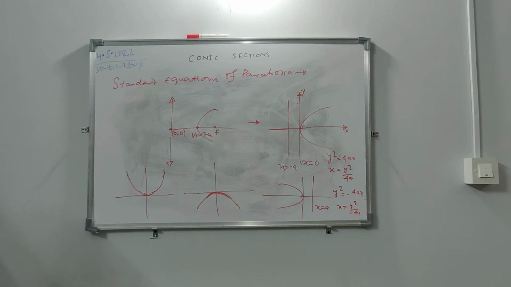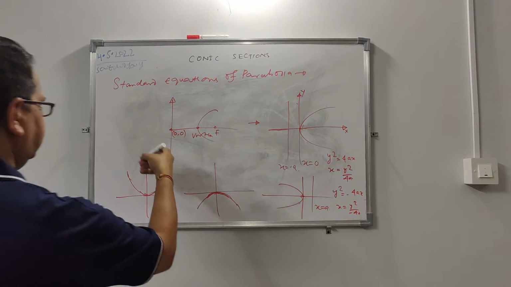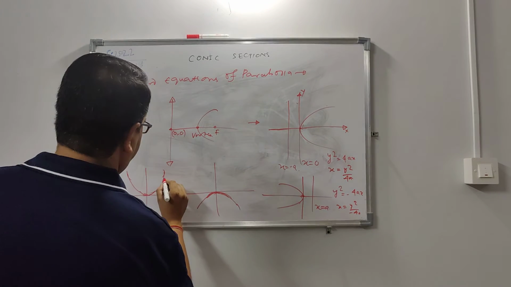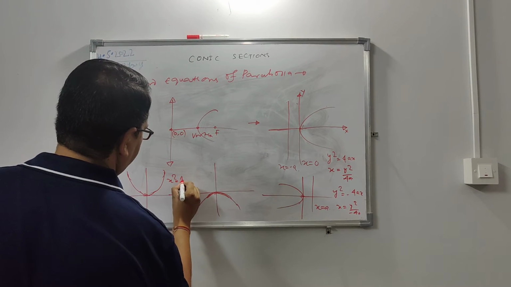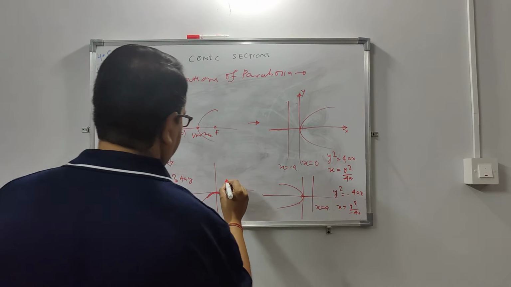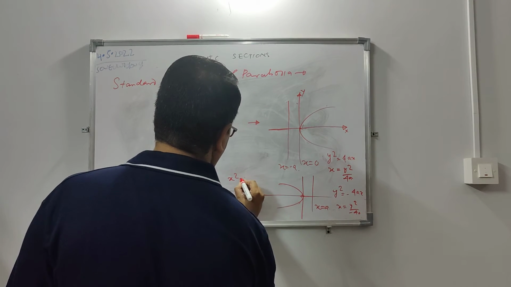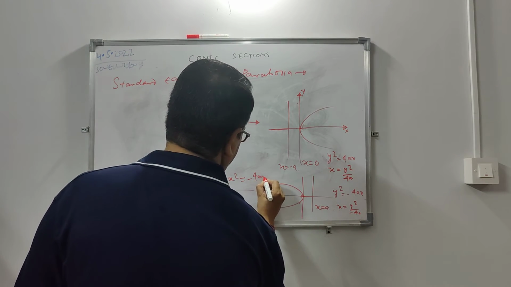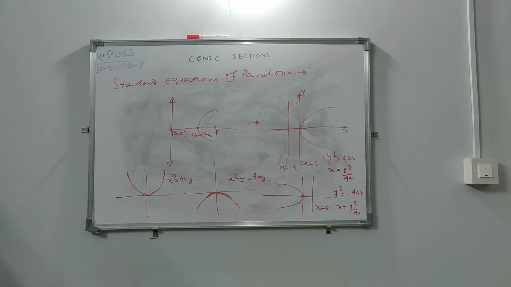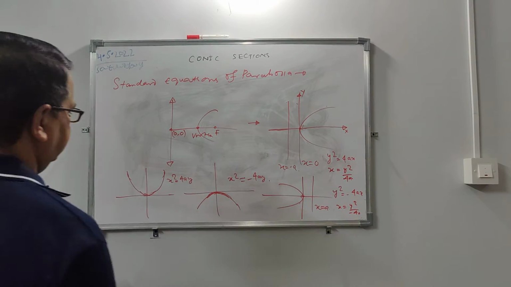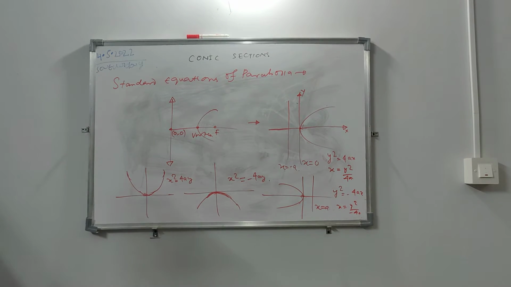So here you can see that x square is equal to 4ay. X square is equal to minus 4ay. Here it is positive, there it is negative. So this is the equation.